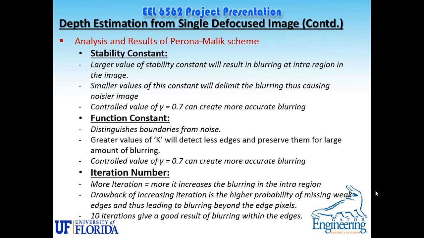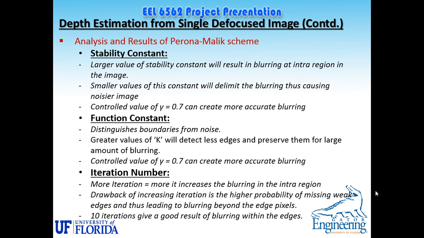Gamma should be less than 1, and a larger value of the stability constant will result in blurring within regions of the image. On the other hand, smaller values of this constant will limit the blurring, thus causing a noisier image. After a lot of speculation and MATLAB code running, I figured out that a value of 0.7 can create more accurate blurring. Then we have the function constant, which is denoted as k in the previous slide.